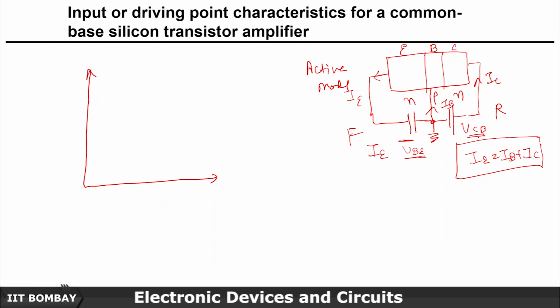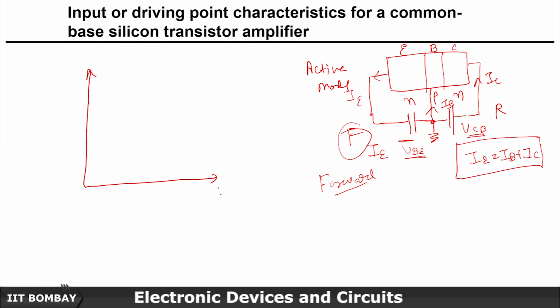We know that in this active configuration this junction is forward biased, so it will behave like a PN junction diode. It needs some bias voltage to overcome the V naught contact potential, and once we are above that voltage, which is known as the knee voltage, the current will grow exponentially.